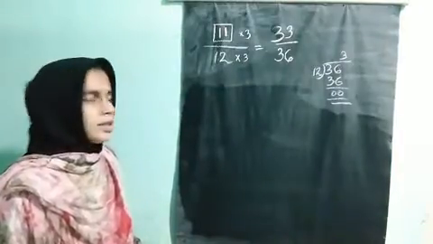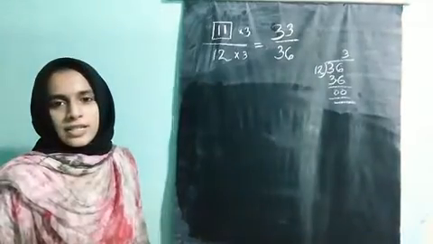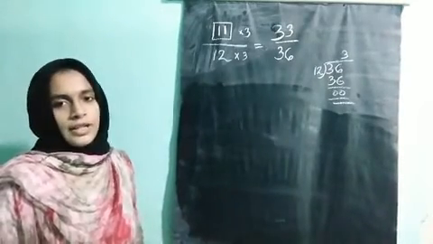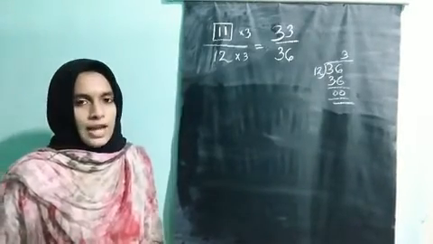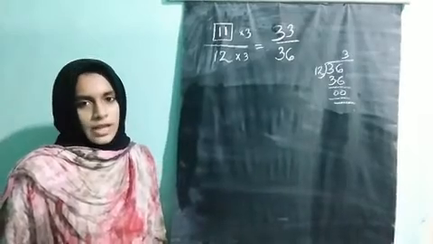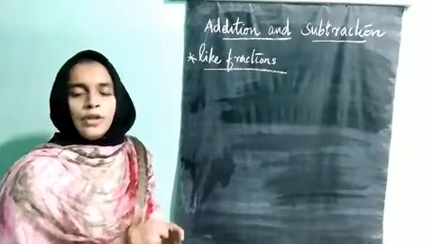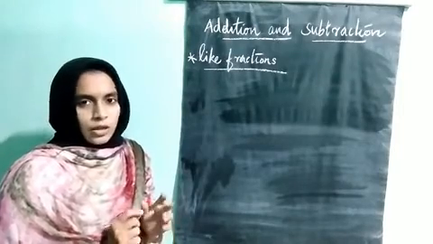Did you understand, children, how to find the missing numbers in the equivalent fractions? Okay, now write the next heading as addition and subtraction of fractions. When you add or subtract fractions, there are two types.